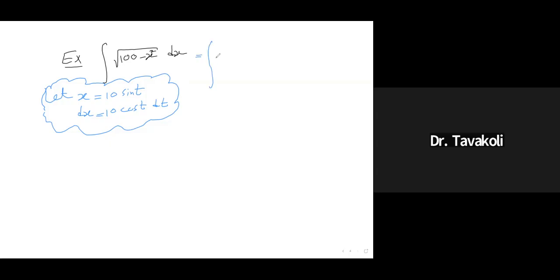So this is going to be the integral of the radical of 100 minus 10 sine t all squared. And dx is what? 10 cosine t dt.